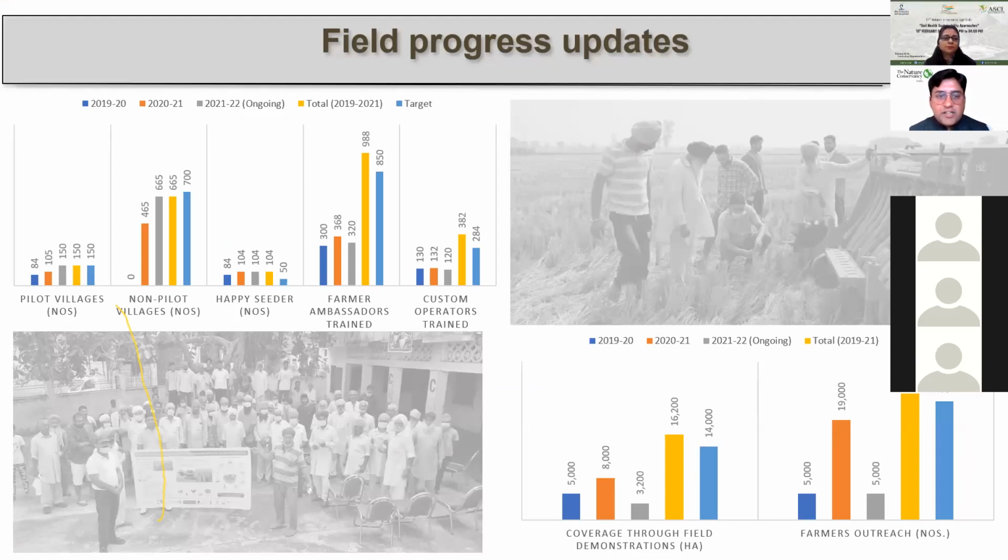We also shared a few Happy Seeders with farmers for demonstration purposes, and we trained custom operators. Overall, more than 35,000 hectares of land has been turned into a no-burn system as a demonstration, and we have done outreach to more than 24,000 farmers in these 3 years.